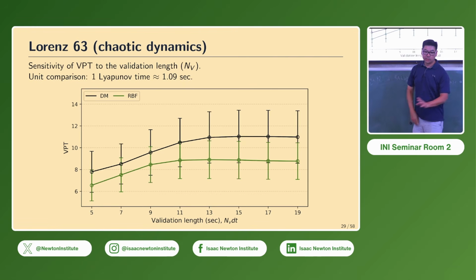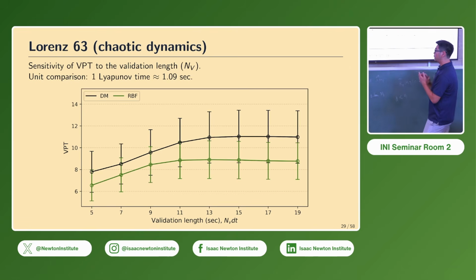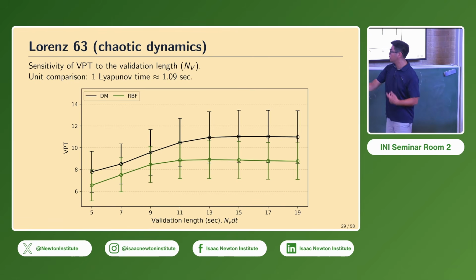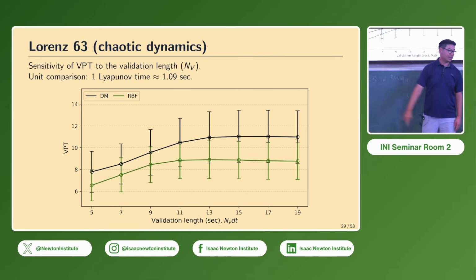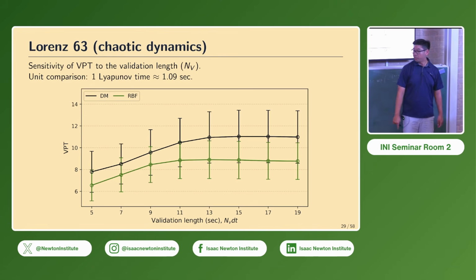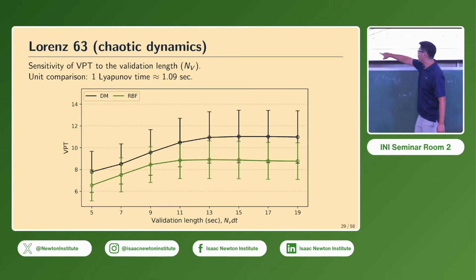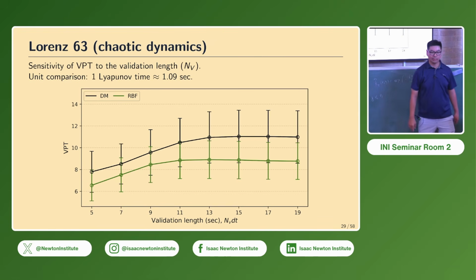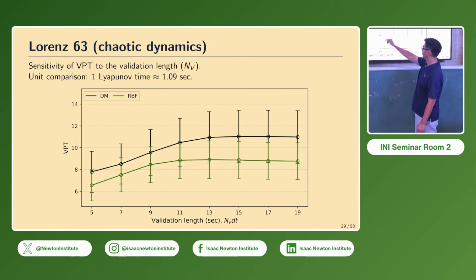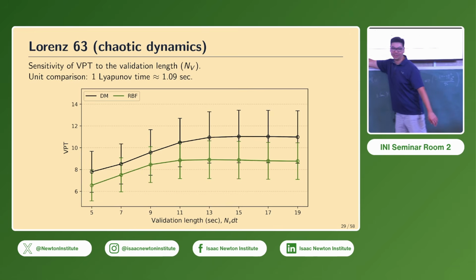What this picture is saying is, if I validate for about 5 seconds and I test it, I can get a pretty long VPT. With longer validation, at one point it will saturate.